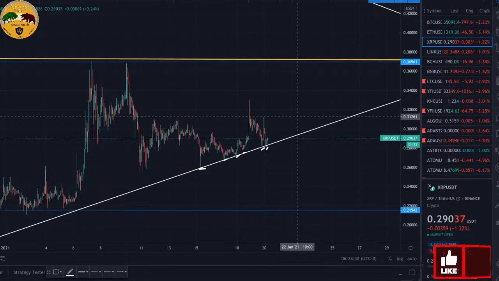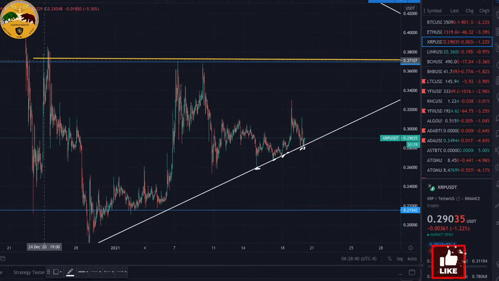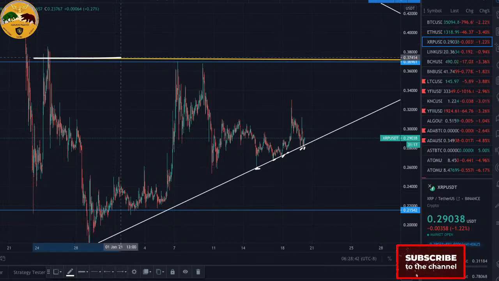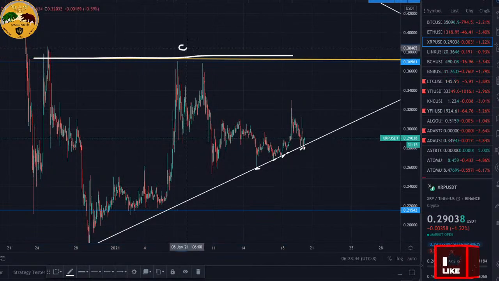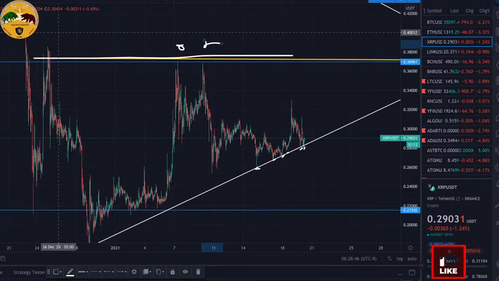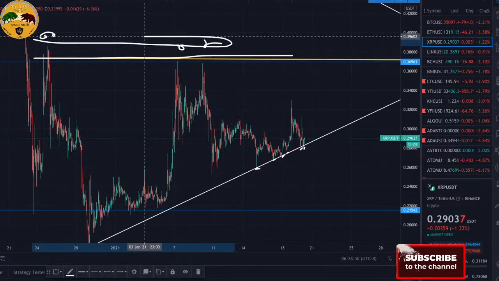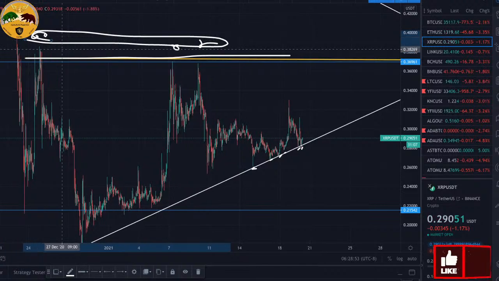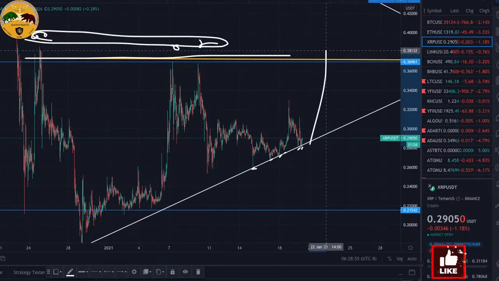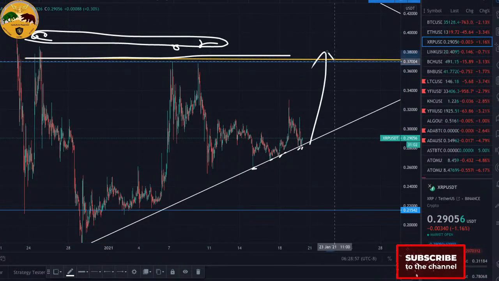Because once those who are shorting XRP have their stop losses placed right here, and right here, right? The seller stop losses are lined up in this zone. That's where the seller stop losses are lying. So once we break this resistance, it's going to be a stop loss hunt, right?